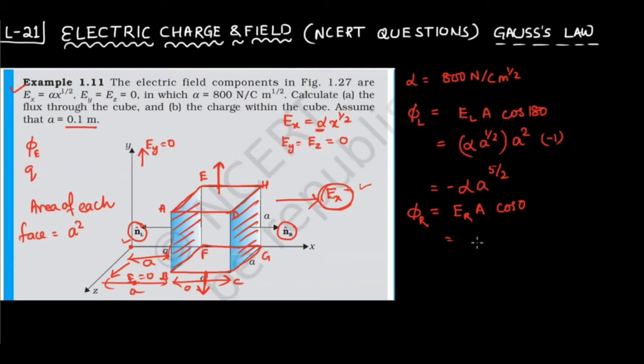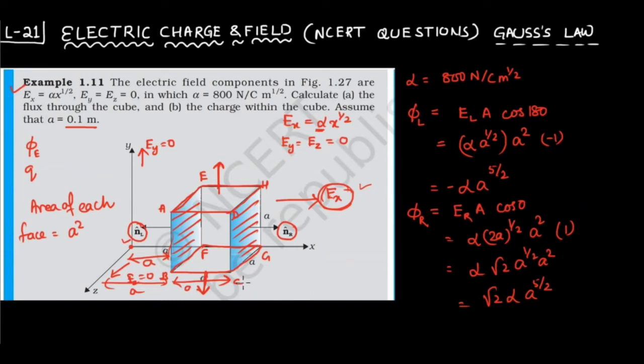So in place of ER, you can write alpha into (2a) to the power half, and in place of area, you can write a square, and cos 0 is +1. So this will be root 2 alpha a to the power half into a square, which is equal to root 2 alpha a to the power 5 by 2. This is the value of phi R.